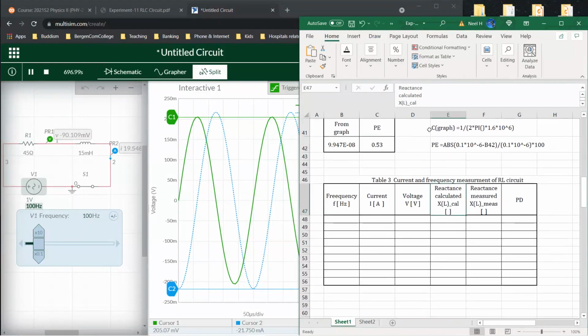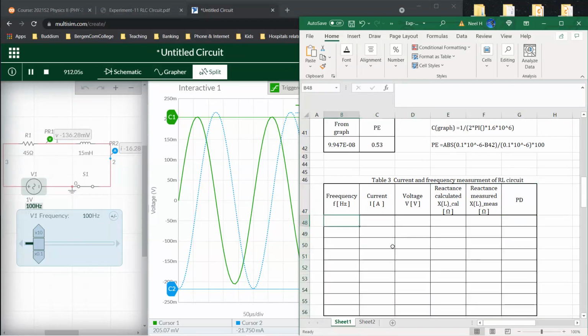And also we would like to calculate the reactance because we know the expected equation. By knowing the expected equation, we can easily calculate this. And then we'll take a look at what we're getting with the calculated values and the measured values. Those two we can compare and then take the percentage difference. Okay, exactly the same thing we did earlier.